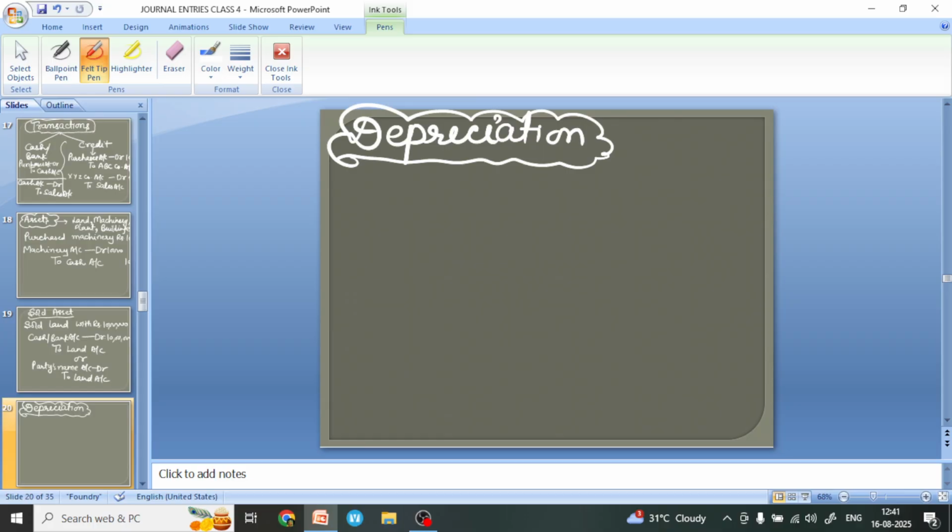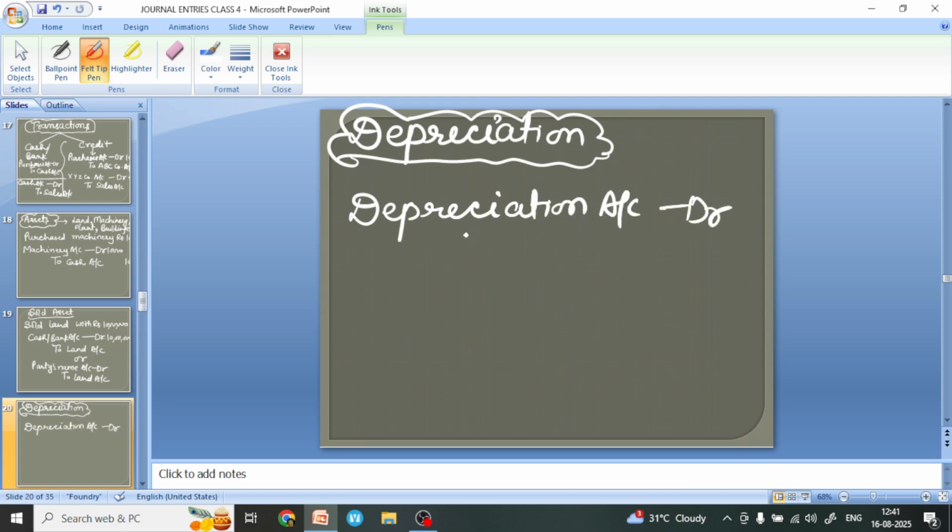Depreciation is the decrease in the value of assets due to use and normal wear and tear. The entry will be depreciation account debit to assets account.